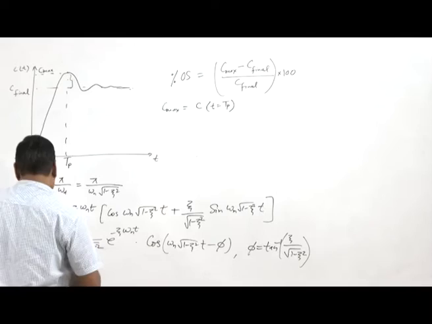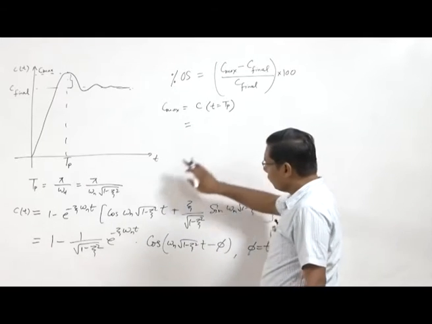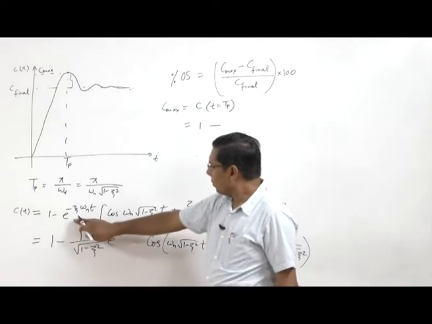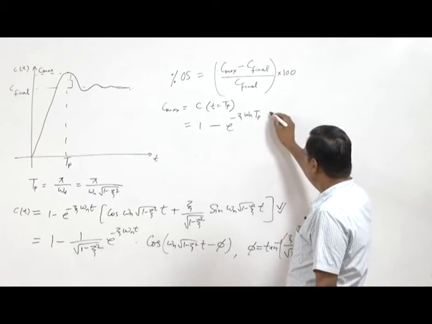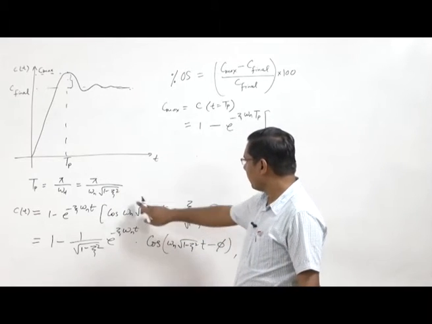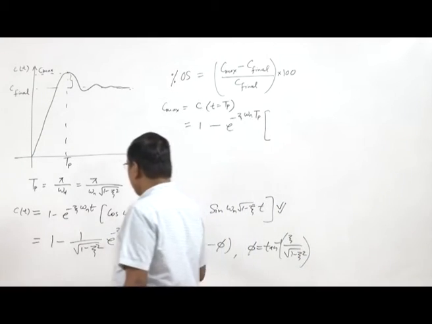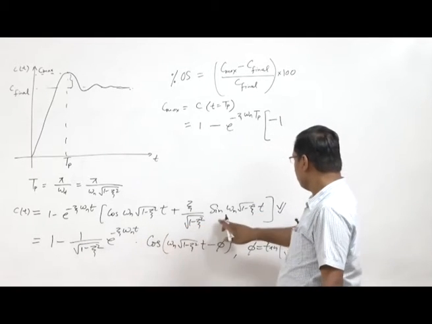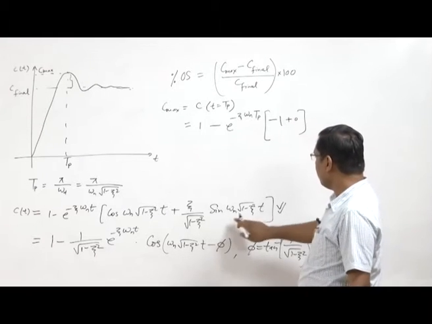Using this expression with Tp equal to pi upon omega n root 1 minus zeta square, we get 1 minus e power minus zeta omega n Tp, and here t equal to pi upon omega n root 1 minus zeta square will cancel out, so we get cos pi, and cos pi is minus 1, plus 0, because sin pi is 0.